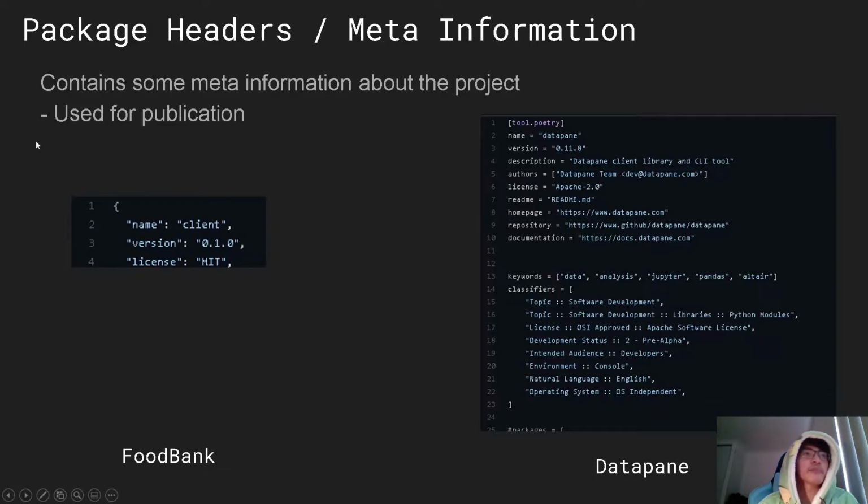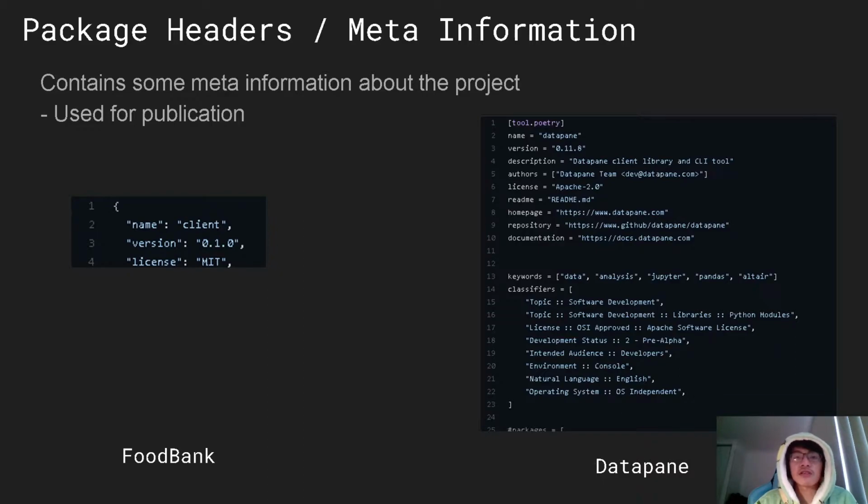It just has some basic information. But let's take a look at DataPane, for example. DataPane is a library that you use, so it's going to have information such as name, version, description, author, license, readme, homepage, repository, and documentation, and all sorts of things. The reason for this is that this meta information appears whenever you publish a library.